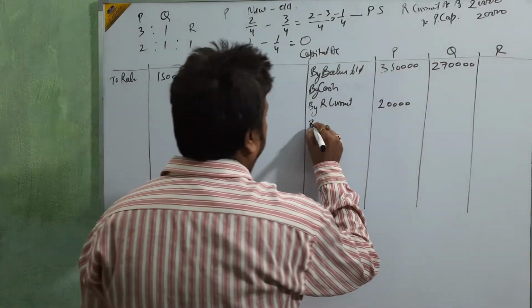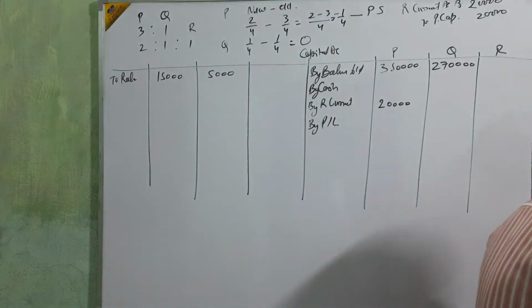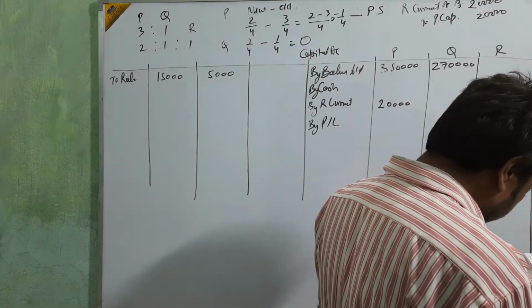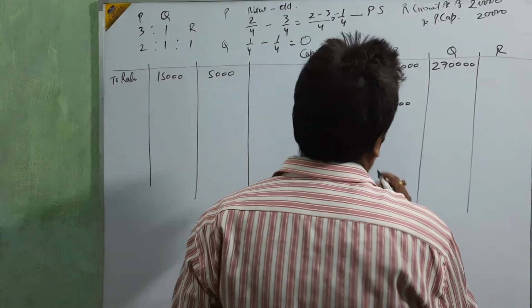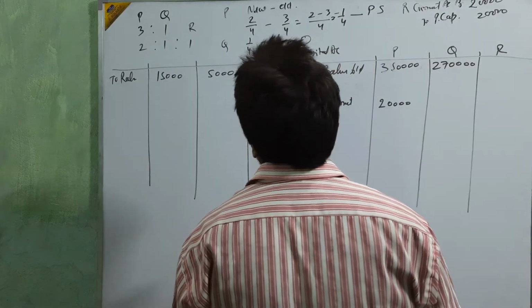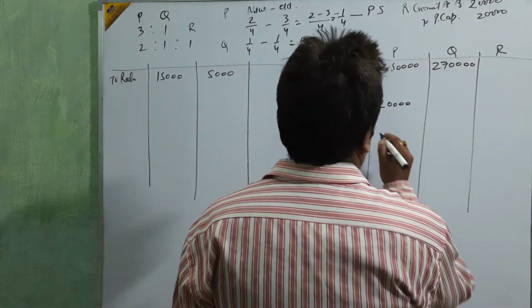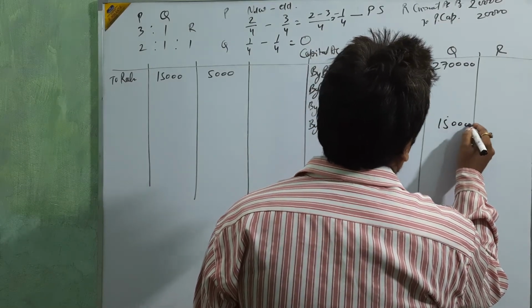The amount of profit and loss is 60,000. Just divide it in the ratio 3 to 2 into 45,000 and 15,000.